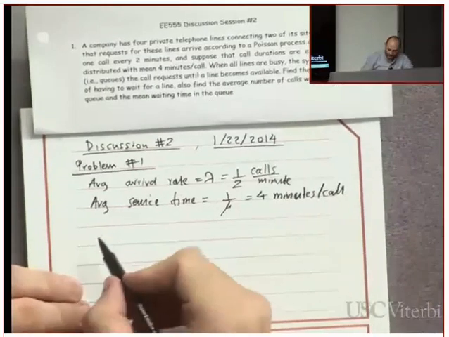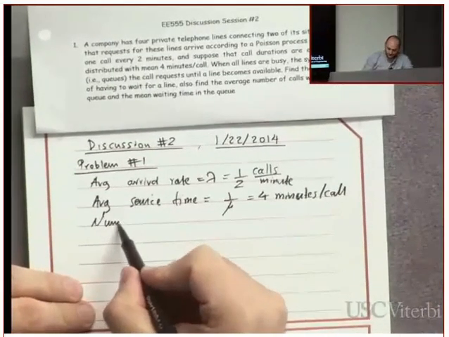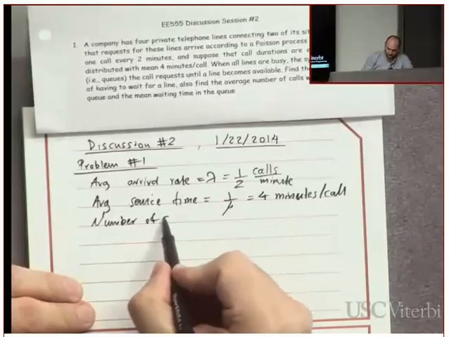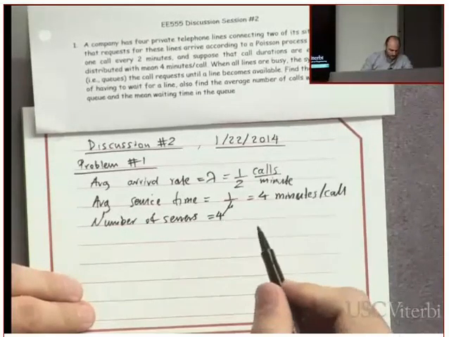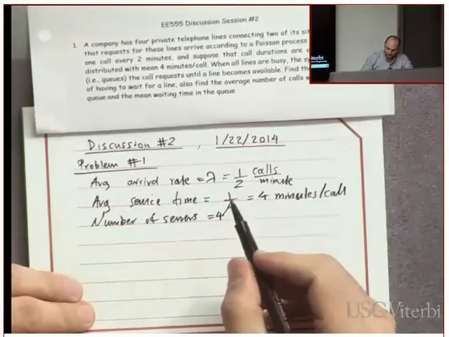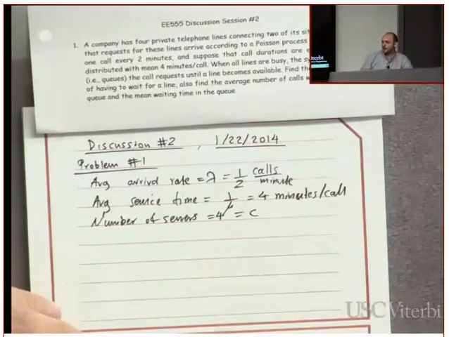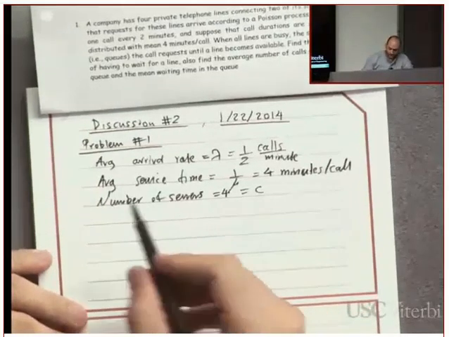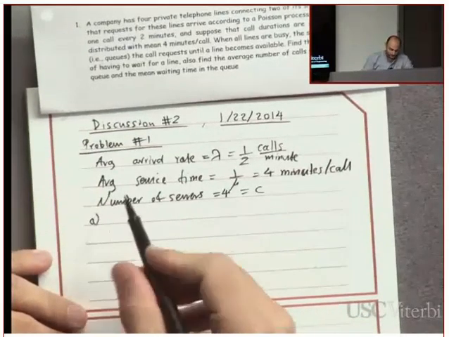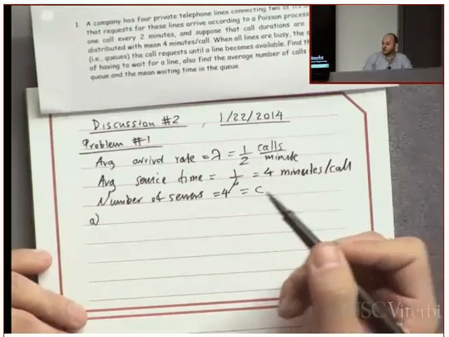We also have 4 lines, meaning the number of servers equals C. That's how we represent the number of servers. This means that the system can be modeled as an MM4.